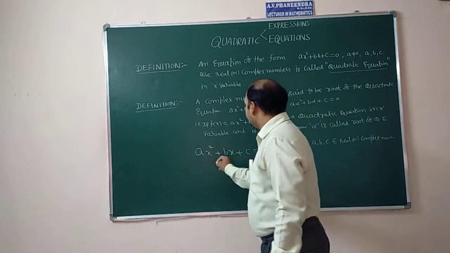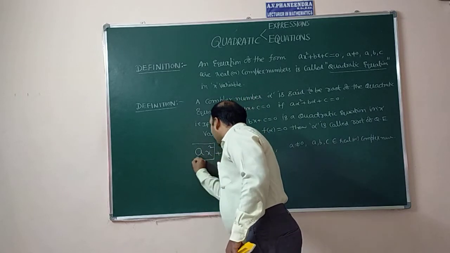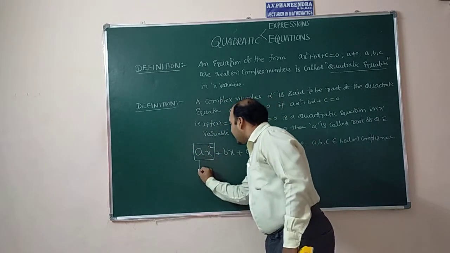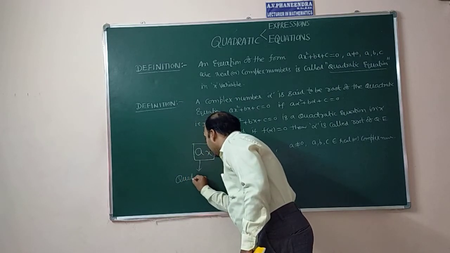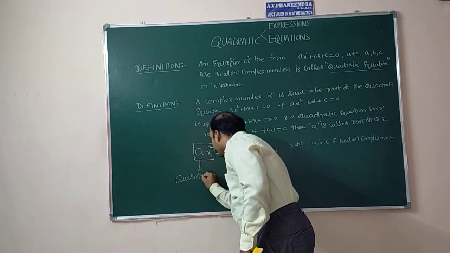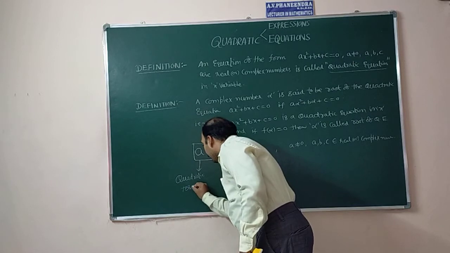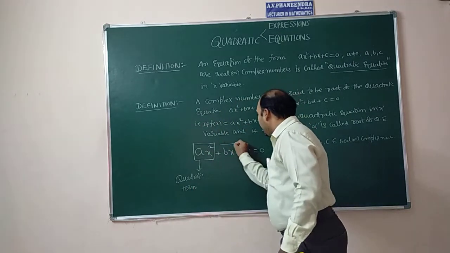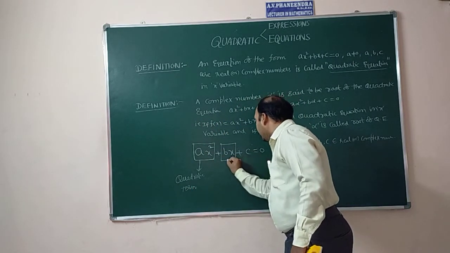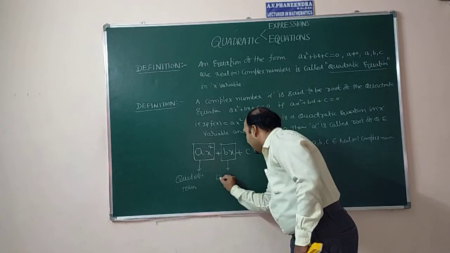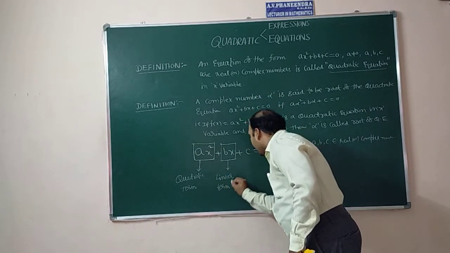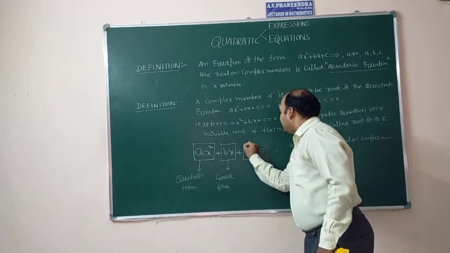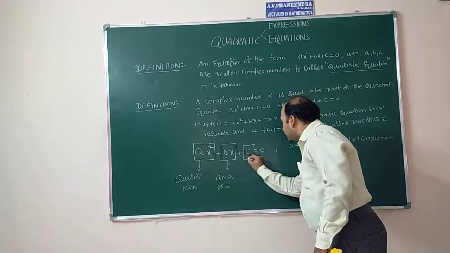In this quadratic equation, ax square is called the quadratic term. After that, bx is called the linear term. The last term, c, is called the constant term.